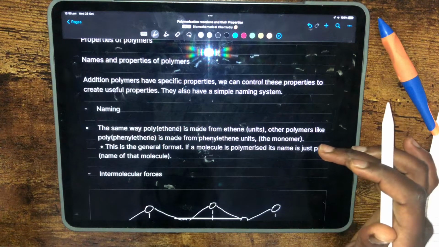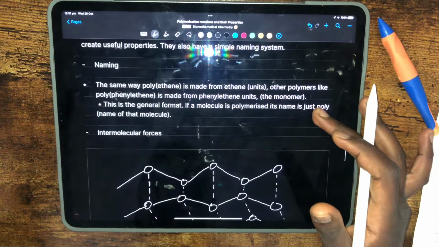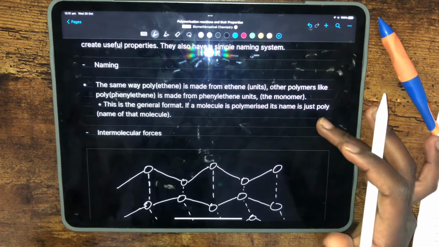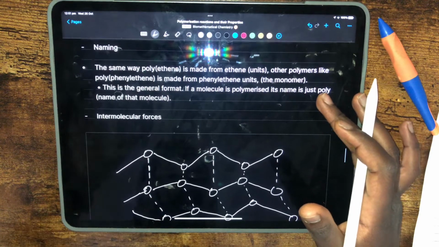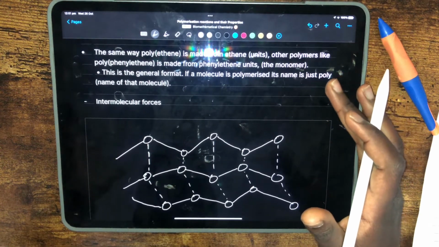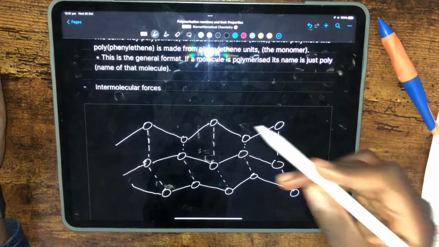When we're talking about the strength of these molecules, we're talking about the intermolecular forces, not the intramolecular forces. Intramolecular has to do with the chemical properties, but we're talking about physical properties. Intermolecular forces are just the forces between the molecules, in this case between the polymer chains.